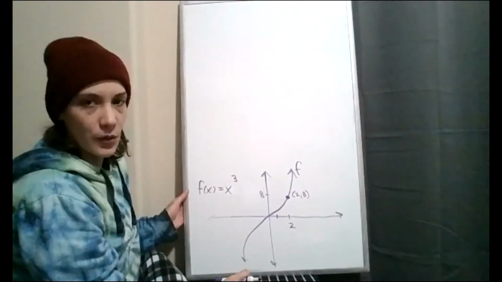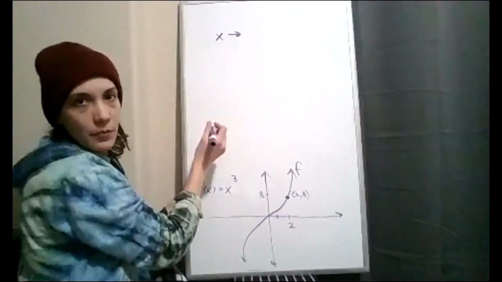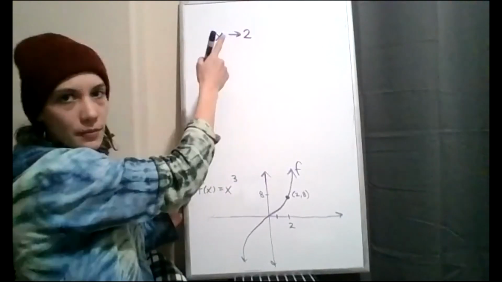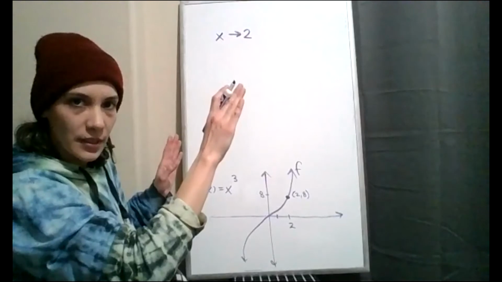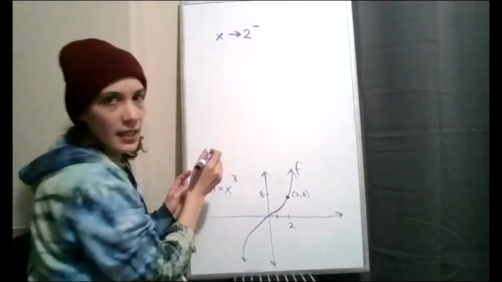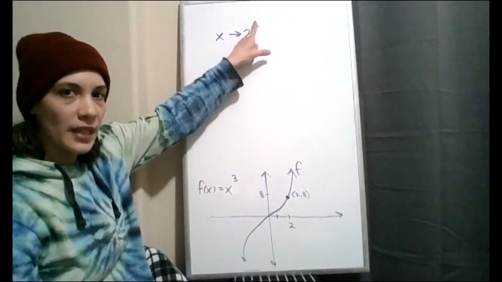So x is going to approach 2, and the superscript is a negative. When you have this sign, it means you're approaching 2 from the left.